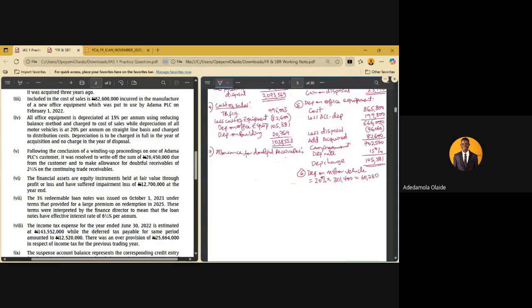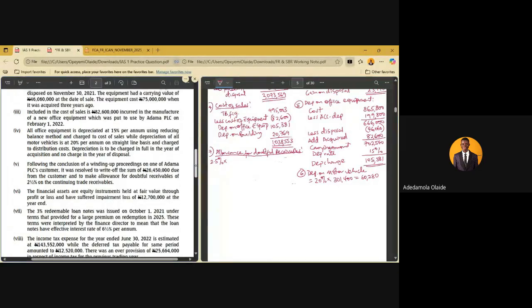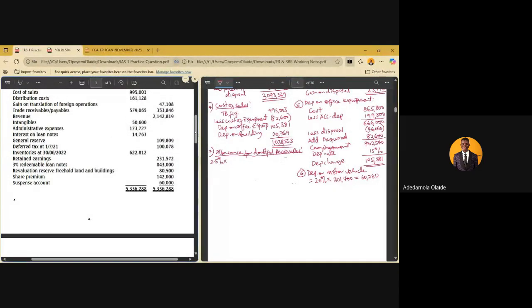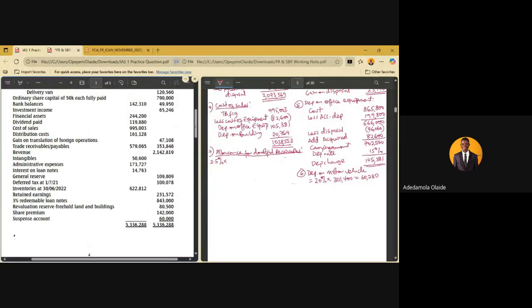Allowance for doubtful receivables. So to calculate our allowance for doubtful receivables, they say that should be 2.5%. That will be 2.5% of how much we have our receivable to be.